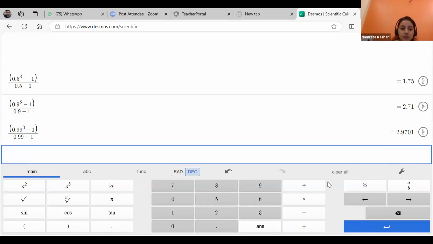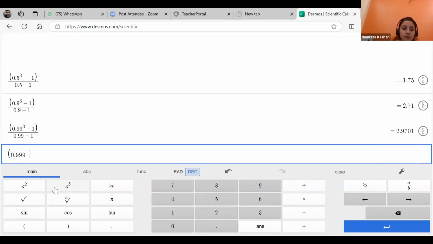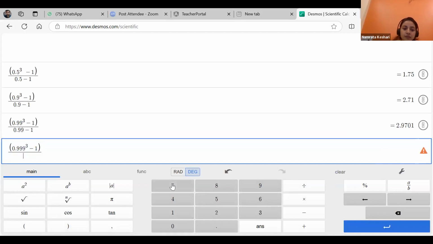So 0.999 cube minus 1 divided by 0.999 minus 1.